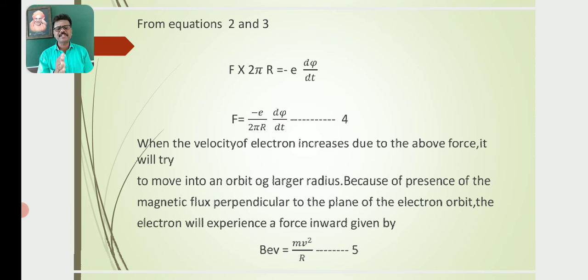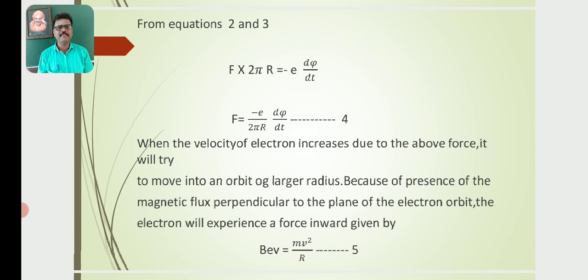The force experienced by the electron in the magnetic field is given by BeV, where B is the strength of the magnetic field, e the charge of the electron, and V the velocity of the electron. The centripetal force experienced by the electron is given by mv square by r. Here the centripetal force is provided by the magnetic force experienced by the electron.